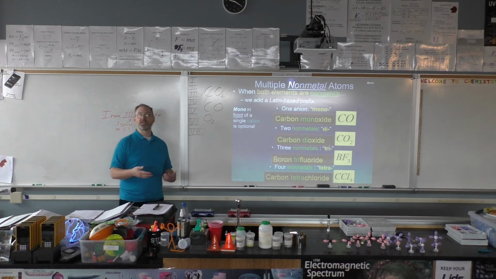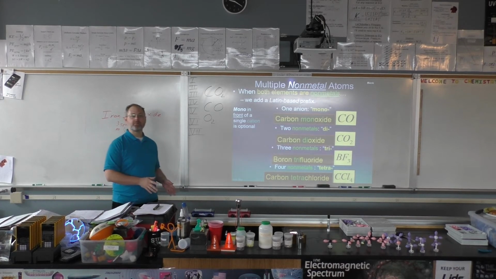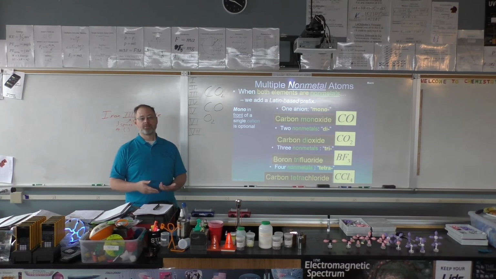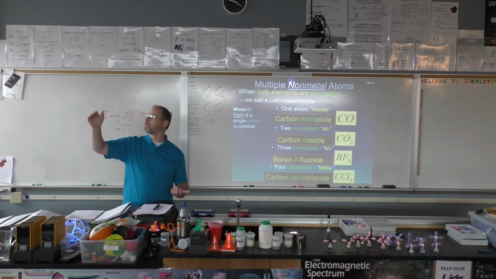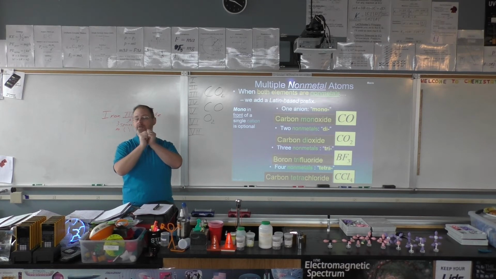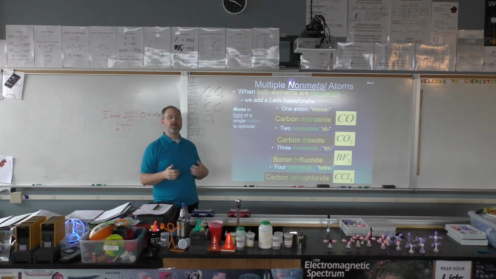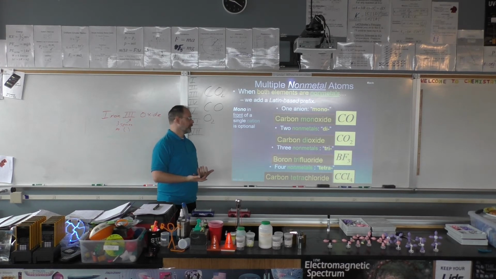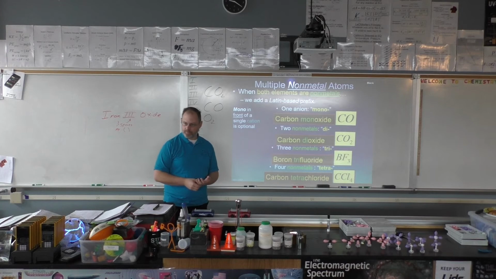It's not a positive, negative thing anymore. These are covalent molecules. So ionic, when you have a metal and a nonmetal, you make an ionic bond. If you have 2 nonmetals, you make a covalent bond. So there's no positives or negatives involved.